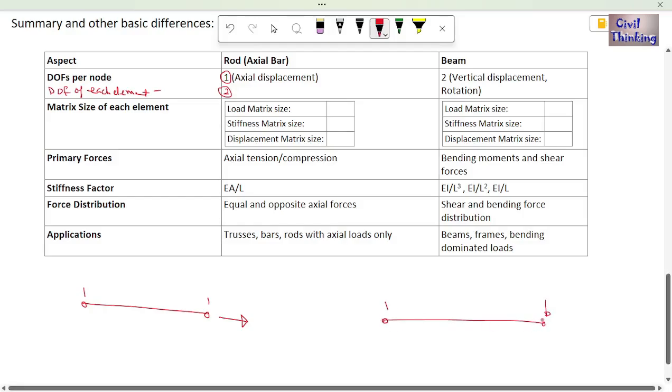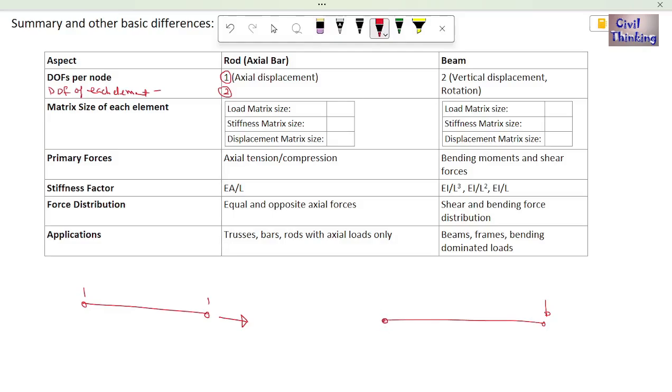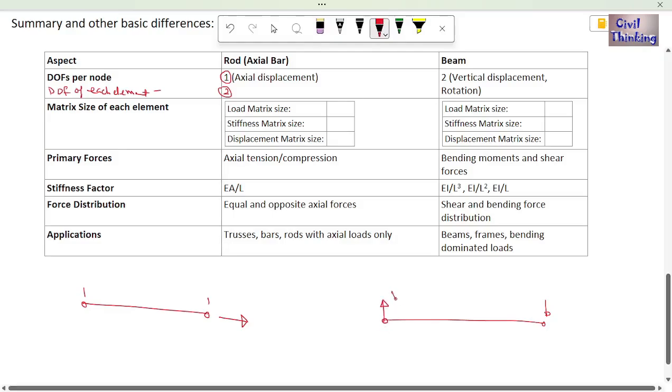Now similarly, when I talk about a beam, let us say this is node 1, and this is node 2, okay? Now here the degree of freedom is what? Here it can be a displacement, for example V1, and a rotation at this node, theta 1. Similarly here it is going to be the transverse displacement of this node and a rotation of this node, okay?